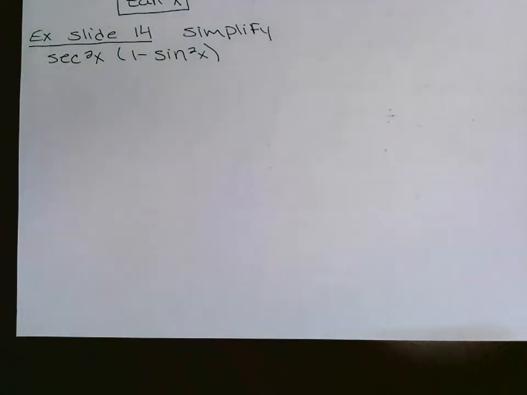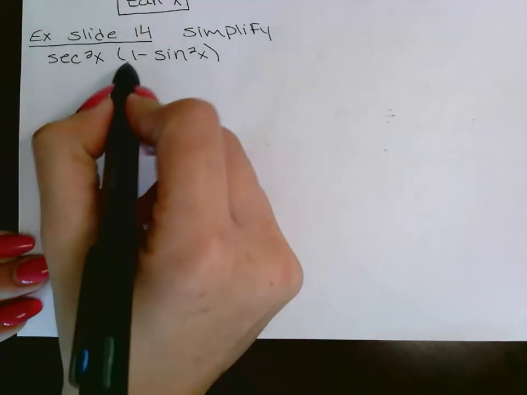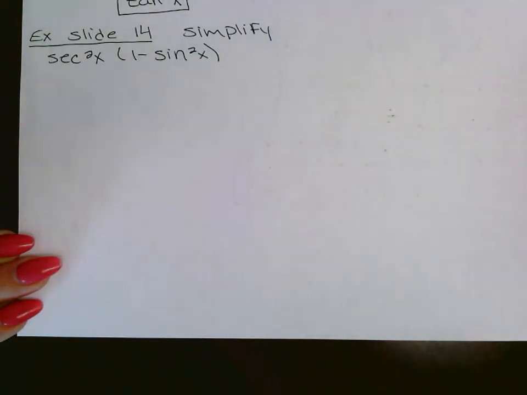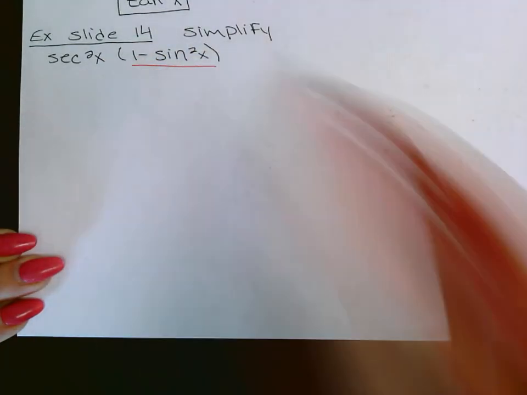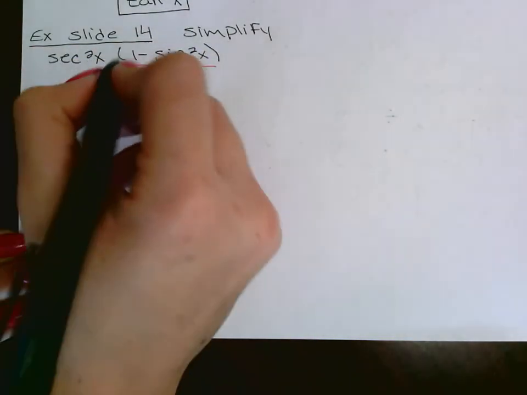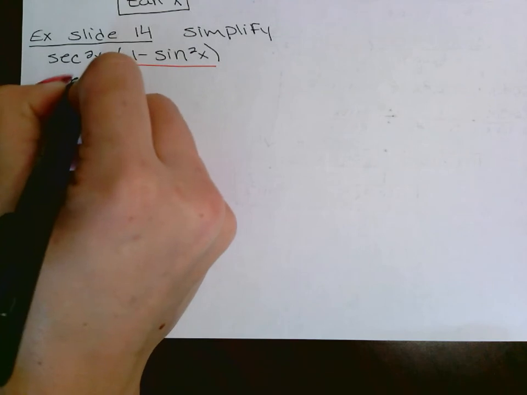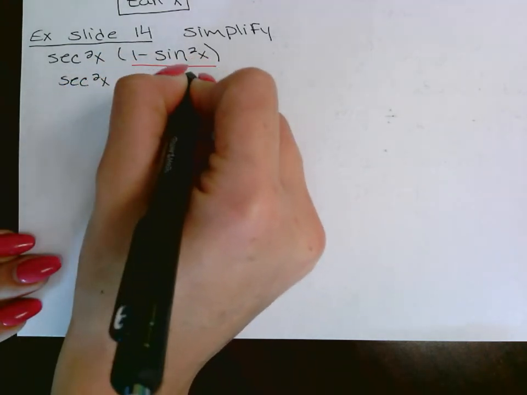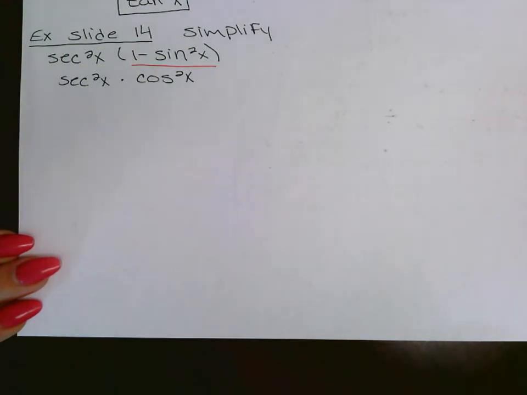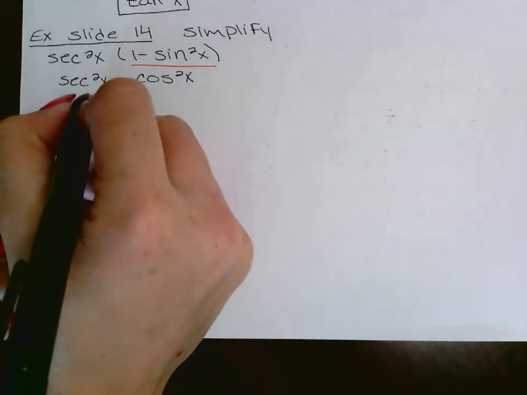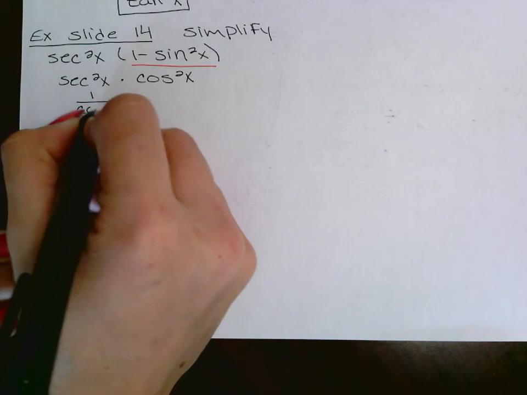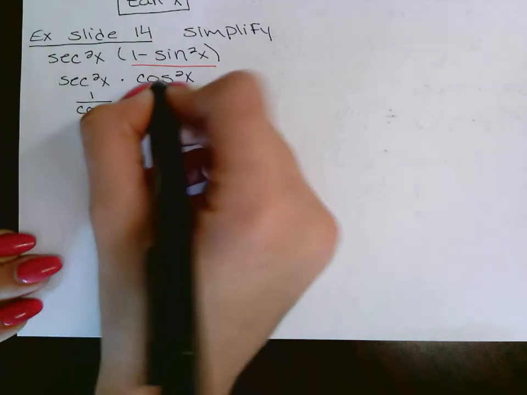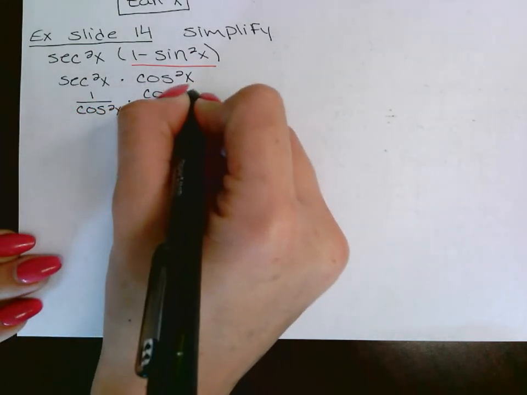All right, as you look at this next question, you hopefully spot this Pythagorean right here. What does 1 minus sine squared give you? Cosine squared. So I have secant squared of x times cosine squared of x. And now if I change to sine and cosine, what does secant squared give me? 1 over cosine squared times cosine squared.